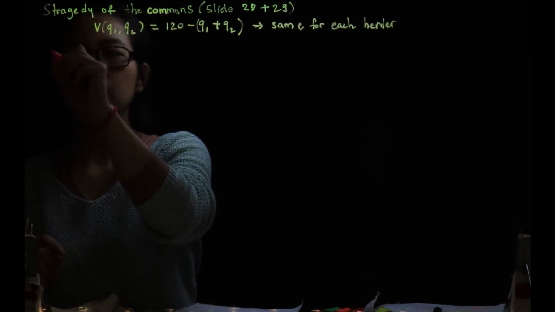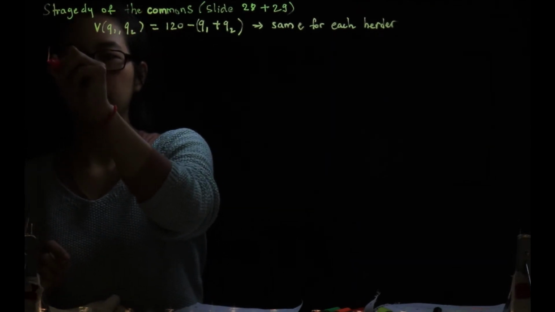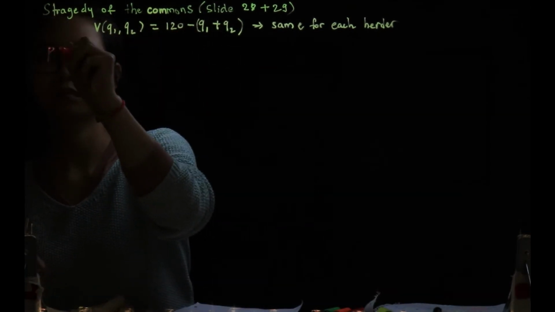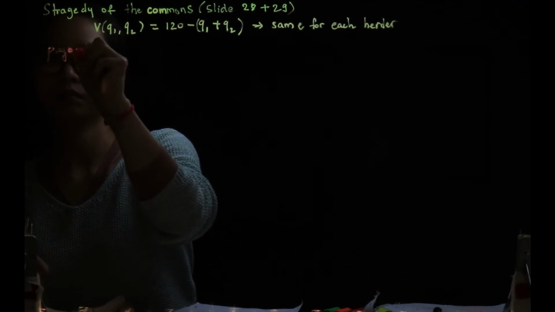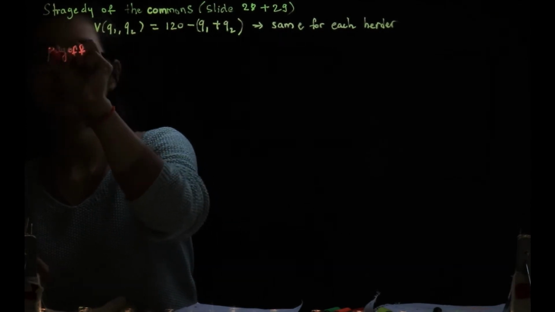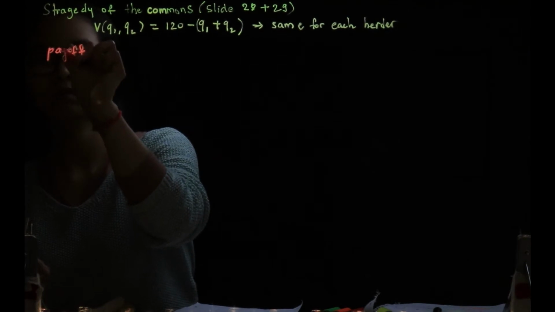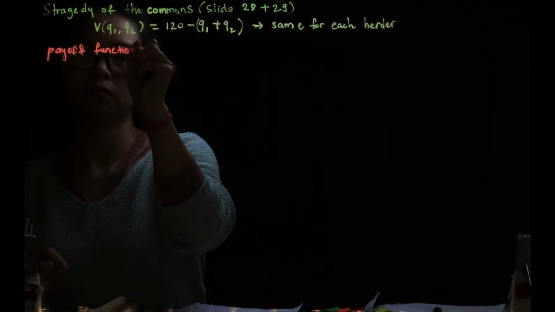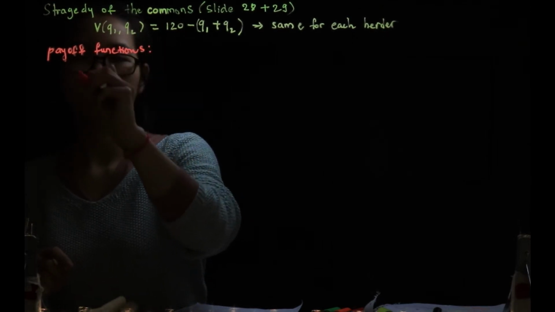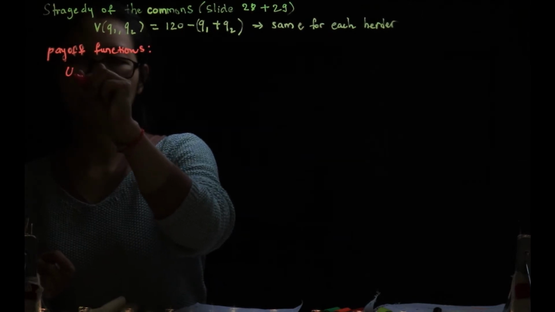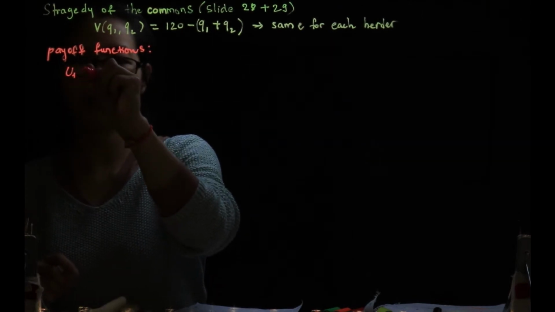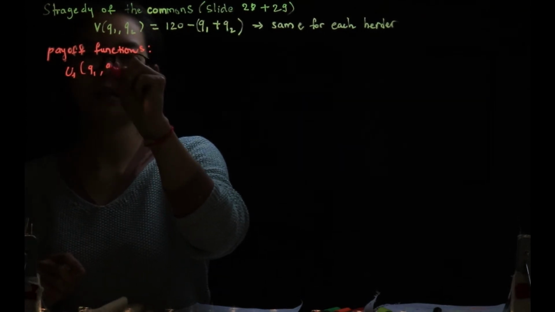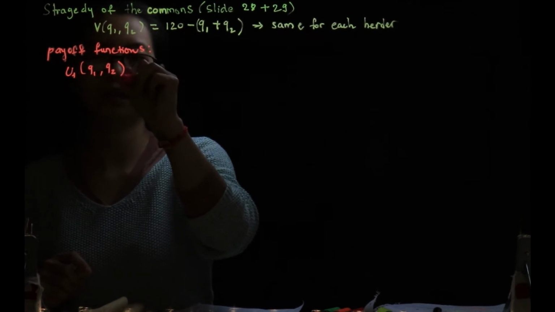So let's say we have the payoff function. Again, we could use the usual notation, which is U1 for herder 1, when he or she grazes Q1 and the other grazes Q2.